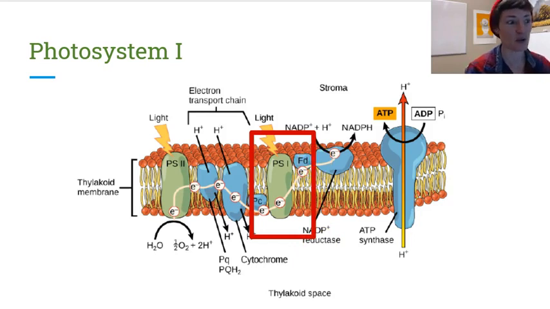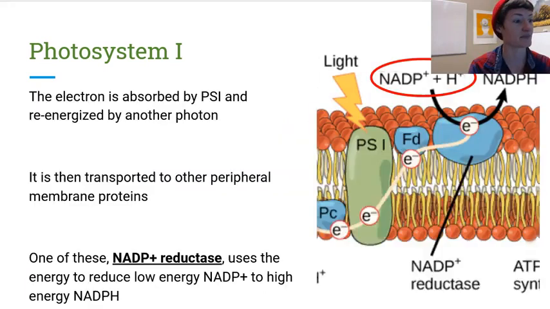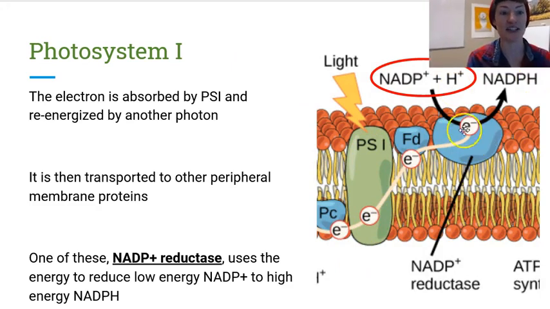Here we are at photosystem 1, which is going to receive another photon. That photon is going to re-energize that electron, and it's going to be transported through a few different protein complexes. The one that you would want to know the name of is this last one. All of these are named in the textbook if you are curious about that.